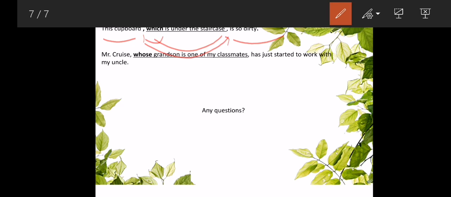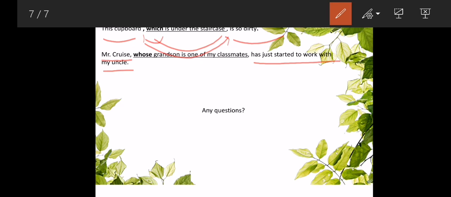And the last example: "Mr. Cruz, whose grandson is one of my classmates, has just started to work with my uncle." My main sentence is "Mr. Cruz has just started to work with my uncle." I don't need any other information, actually, but I want to give some extra information here.